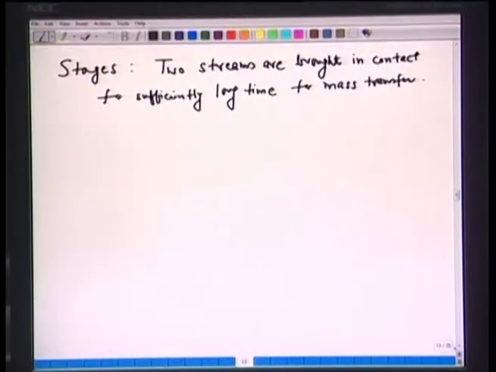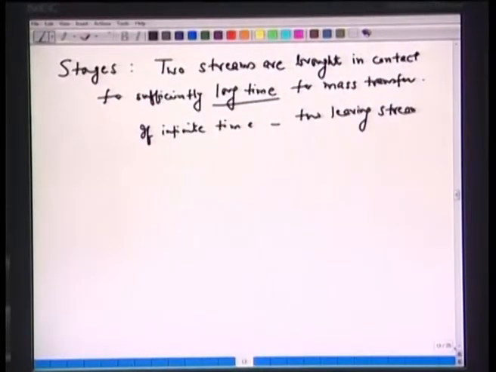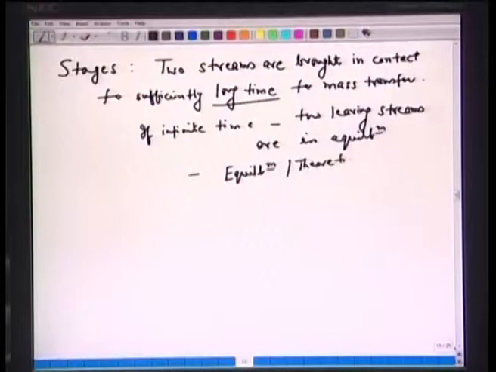Theoretically, if we give infinite time, then we can say that the two leaving streams are in equilibrium, and we will call them an equilibrium stage or theoretical stage or ideal stage.